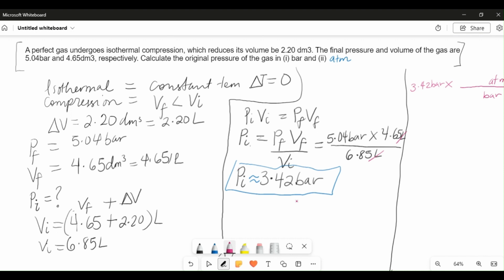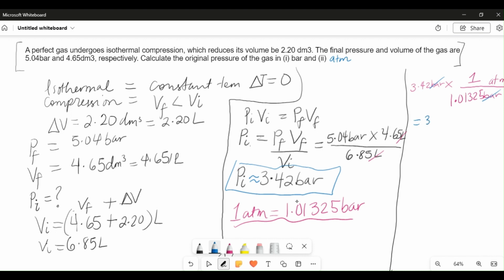We have one atmosphere always equals 1.01325 bar. This is a standard unit conversion value, so we're just going to put that here. So 1 atm and then 1.01325.